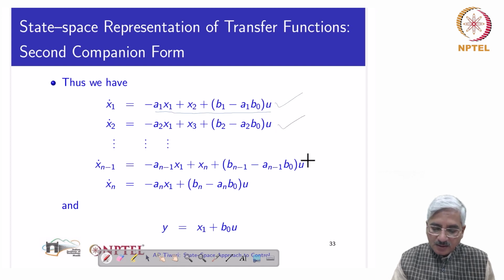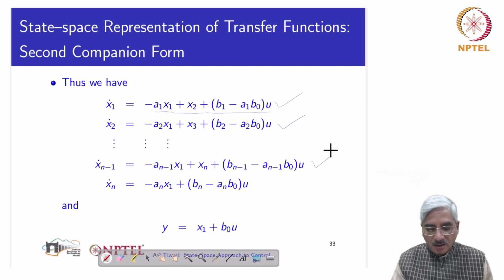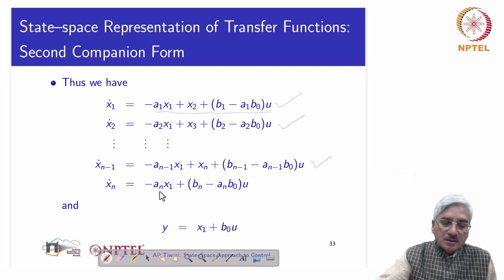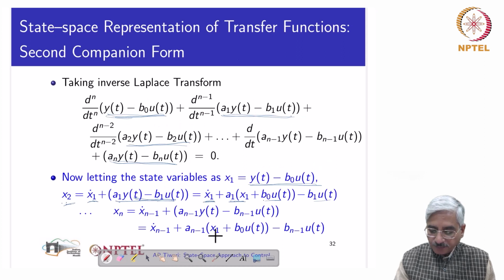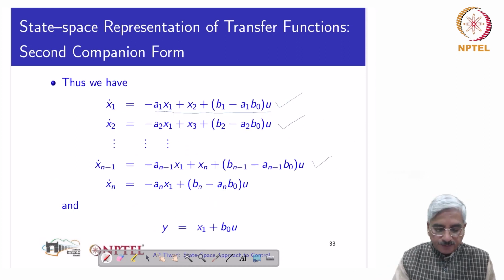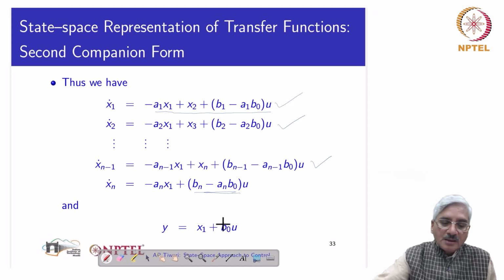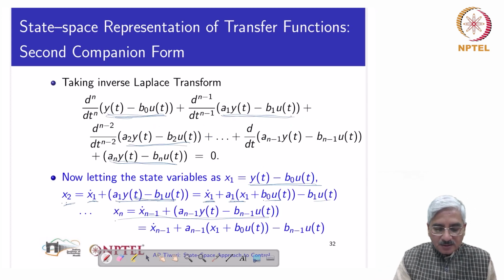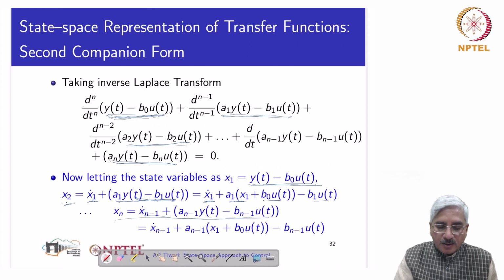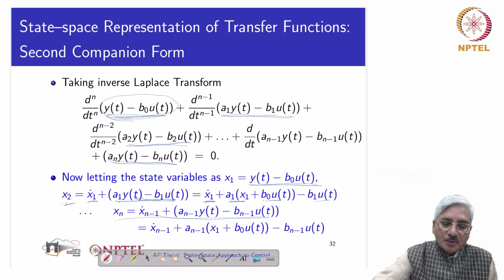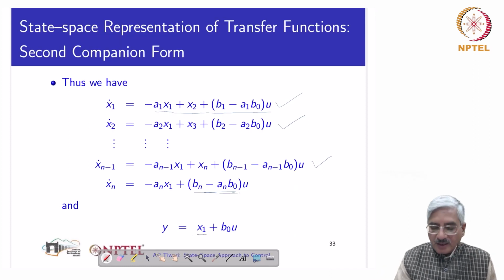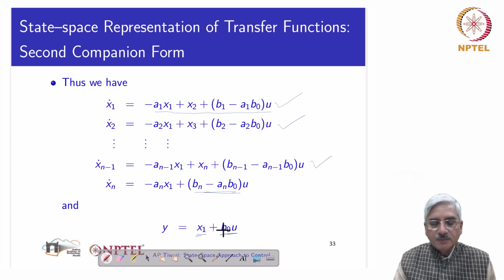Similarly x2 dot, etc., up to x(n-1) dot, and xn dot follows from here. It gives minus an x1 plus (bn minus an b0) u, and of course the y we identified is from this. This was identified as x1, so we have y(t) equal to x1 plus b0 into u.